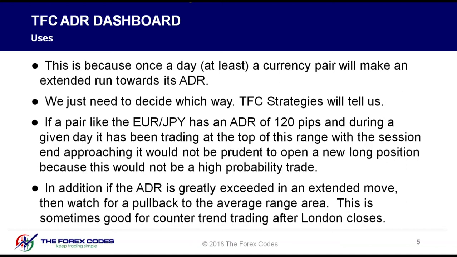Imagine stretching an elastic band, what happens when you let go. And this is sometimes good for counter trend trading after London closes. If you've got a pair that's massively exceeded its range, it's going to pull back close to its average range again. And if it's gone long and there's some resistance up there, these are good for counter trend trades.